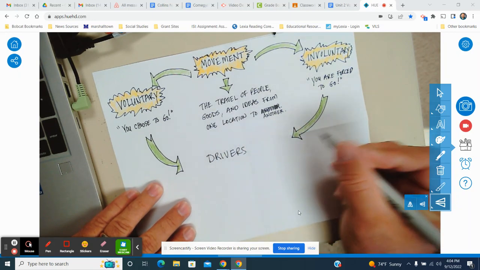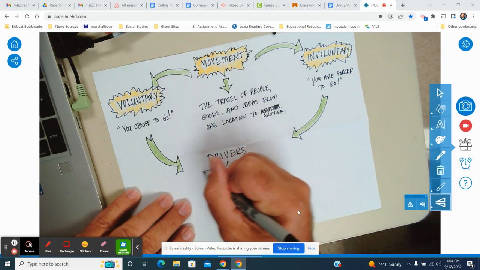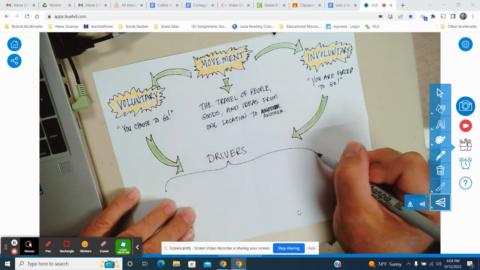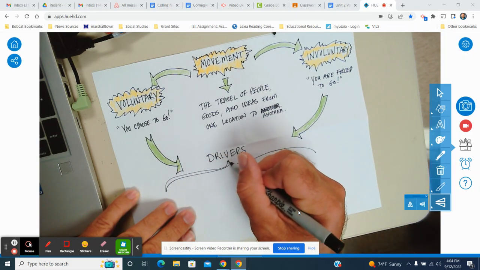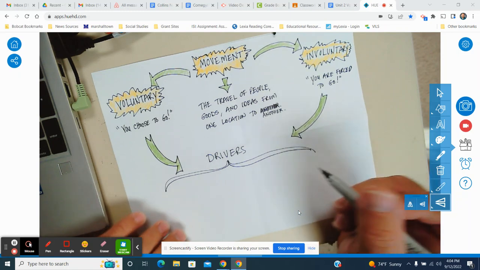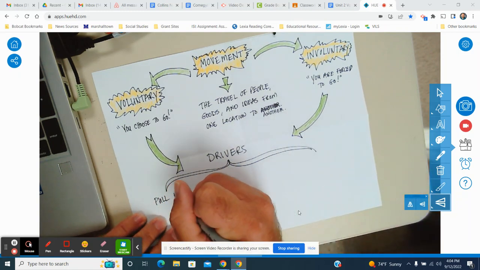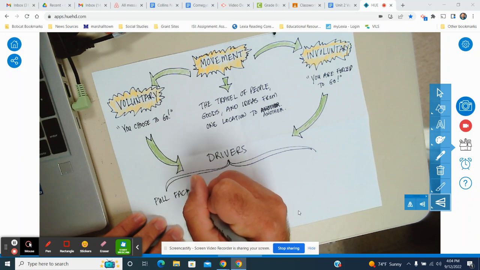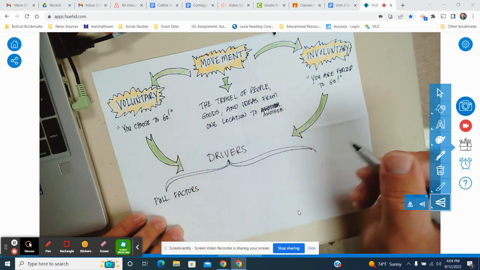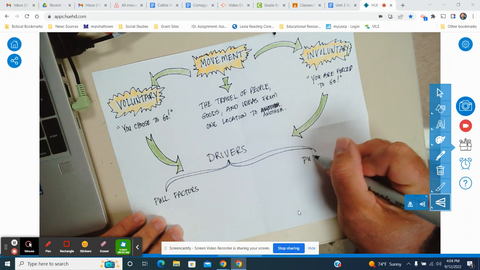I call them drivers. And specifically, we're talking about pull factors and we're talking about push factors.